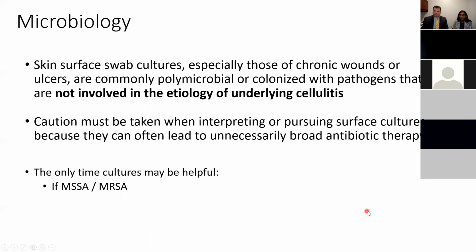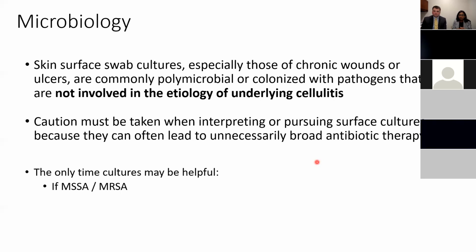So, we get a lot of questions about culturing. Our rule of thumb is that if you have cellulitis, some patients, we're going to get into it a little bit more, there's no skin breakdown, it's just red and hot. In some patients, you'll have skin breakdown and there's abscess or drainage.